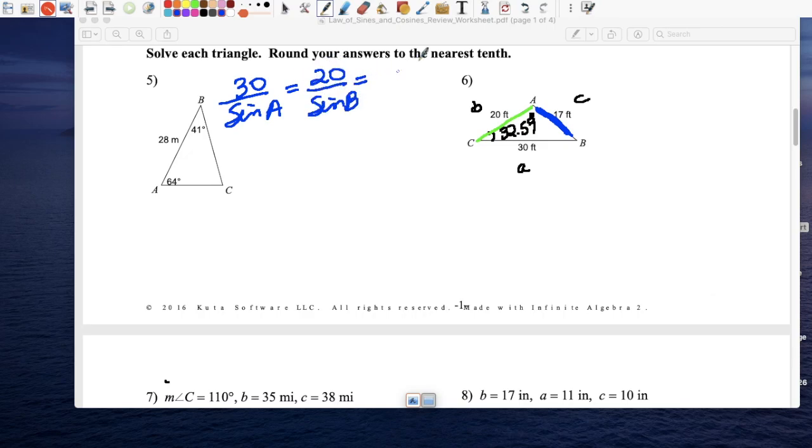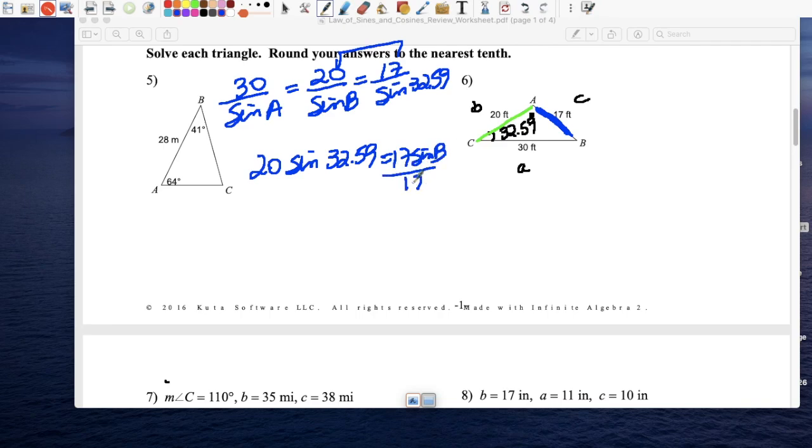And then c, I do know, is 17, and the angle we just found, which is 32.59. So let's do these 2. We get 20 sine of 32.59 equals 17 sine of B.